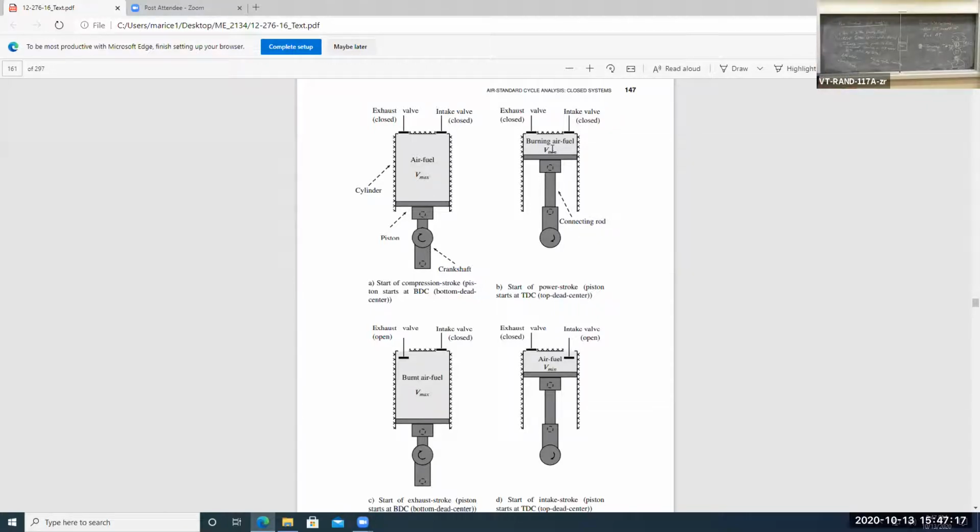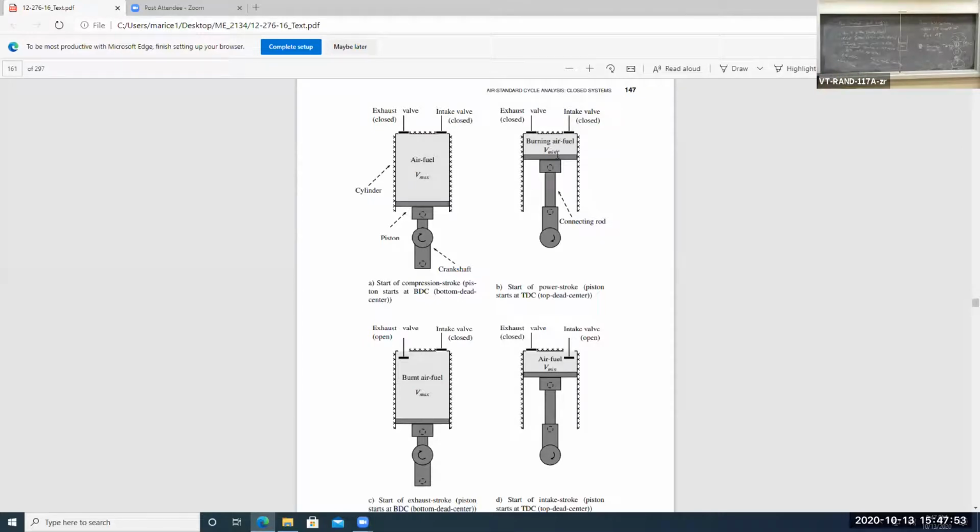So we squeeze it down, temperature goes up, volume goes down, and then we initiate the combustion process. This air-fuel mixture starts to burn, either with a spark or on its own due to the excessive heat. So we compress it, initiate a spark with a spark plug, and then all of a sudden, heat gets released due to the burning of the air-fuel mixture.